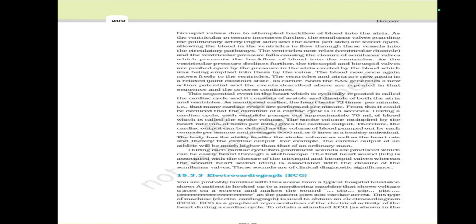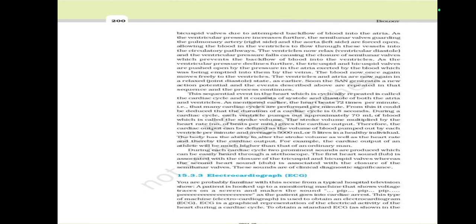The ventricles now relax, ventricular diastole, and ventricular pressure falls, causing the closure of the semilunar valves, which prevents the backflow of blood into the ventricles.